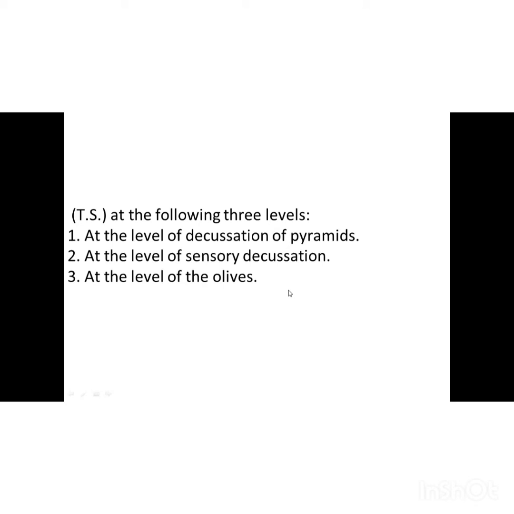But eventually the gray matter is broken up into nuclei that are separated by nerve fibers. The internal structure is well studied by examining transverse sections at these levels: at the level of decussation of the pyramids, then at the level of the sensory decussation, and at the level of the olives.